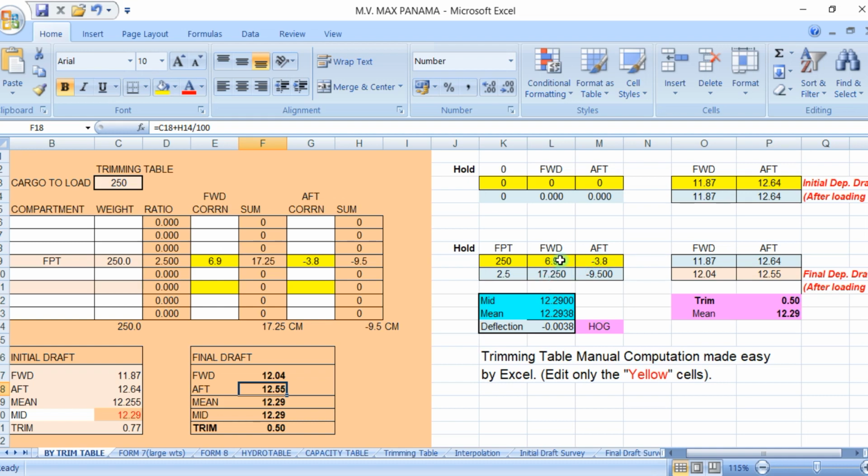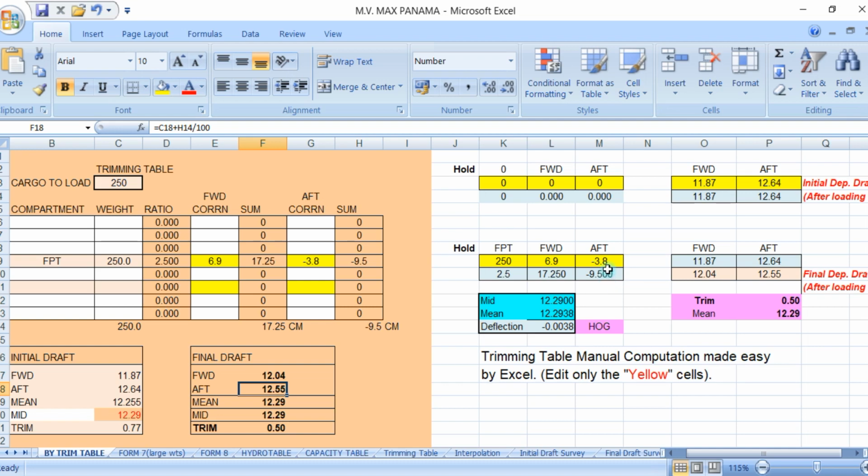So 6.9 multiplied by 2.5 will be 17.25. Okay, and negative 3.8 multiplied by 2.5, that will be 9.5.